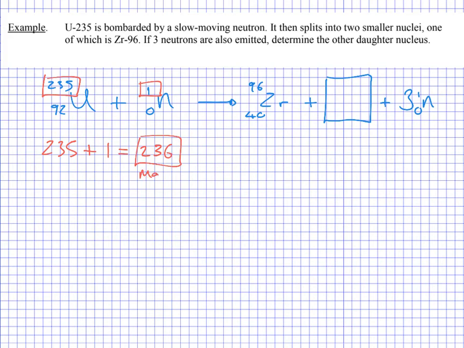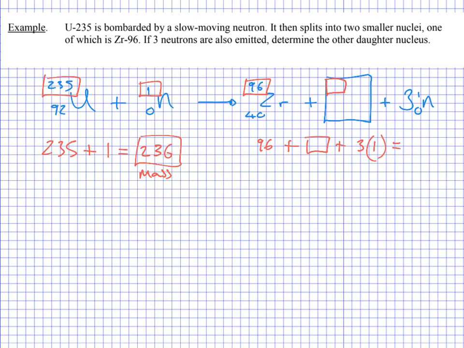So the mass has to stay the same. So over here, we're going to have 96, which is this guy here, plus some unknown number, which we don't know, plus 3 lots of 1, because we have 3 neutrons. So we can't afford to forget the 3. It's a common mistake to do that.